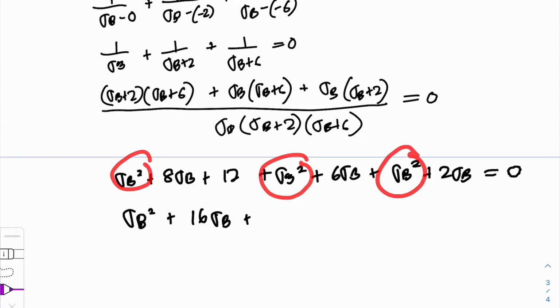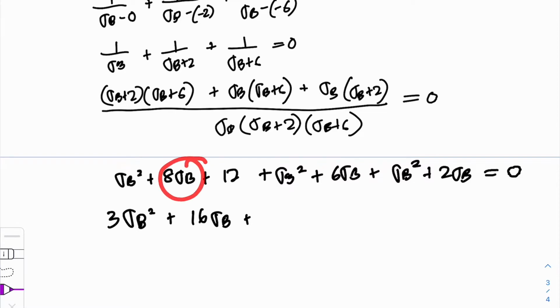Oh, I forgot sigma b. There are 3 sigma b squared, plus 16 sigma b. Is that correct? Let's double check. And then plus 12, equal to 0.